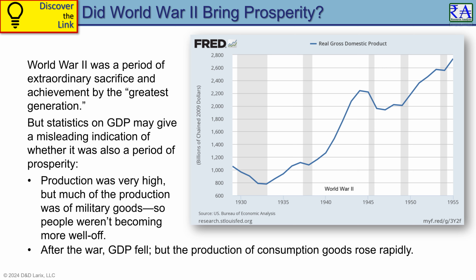Post-war, the decline in GDP was accompanied by a rapid increase in the production of consumer goods, highlighting a shift back to peacetime prosperity. This historical example teaches us to critically evaluate GDP increases and consider whether they reflect actual improvements in people's well-being, a question that often leads us into normative territories.